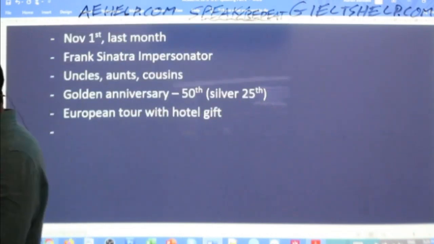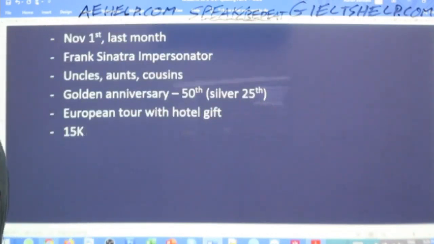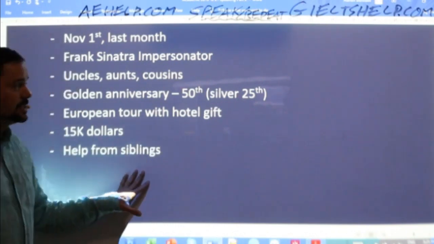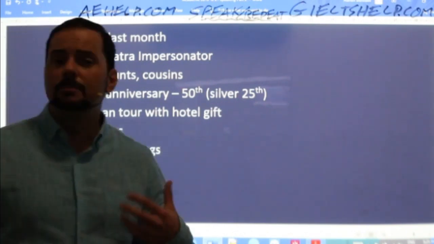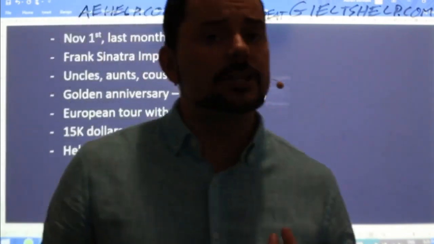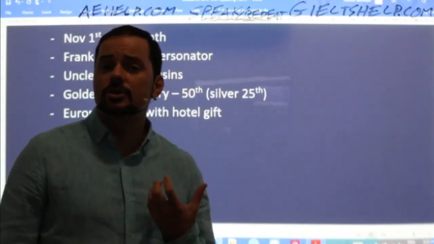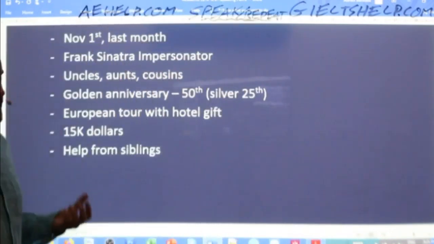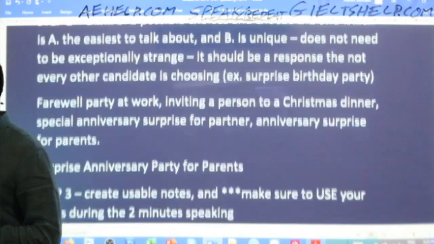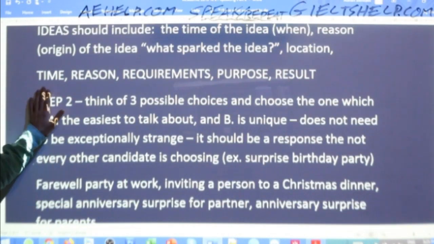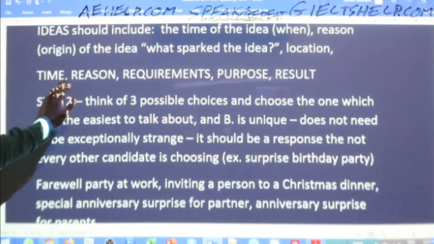Okay. Probably need some money. You need help from siblings. So this is what helps you to be fluent. When you have challenging questions, the way you stay fluent, the way you can create your notes quickly is to keep thinking about the elements that make up a good response, good communication for talking about an event: time, reason, requirements.